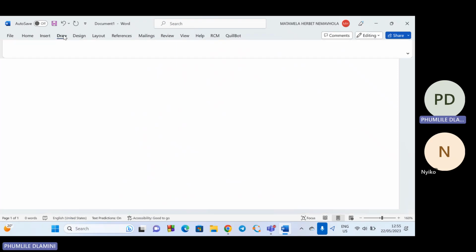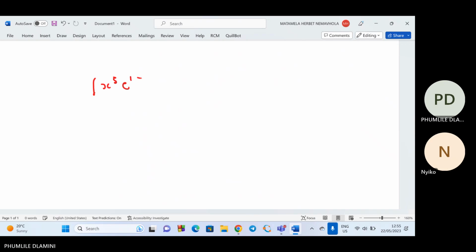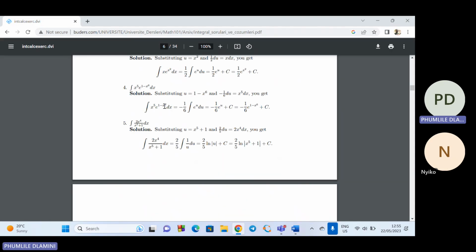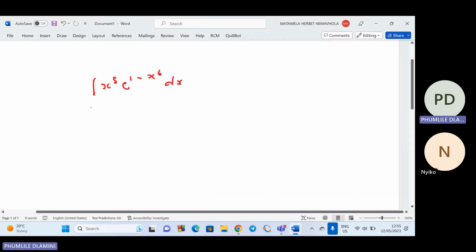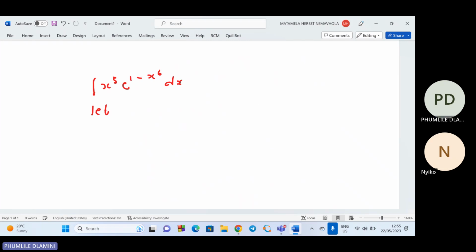If I have that integral whereby I have to integrate x^5 e^(1 - x^6), let me verify it is 6. Yes, it's 6. So now we can let u = 1 - x^6.